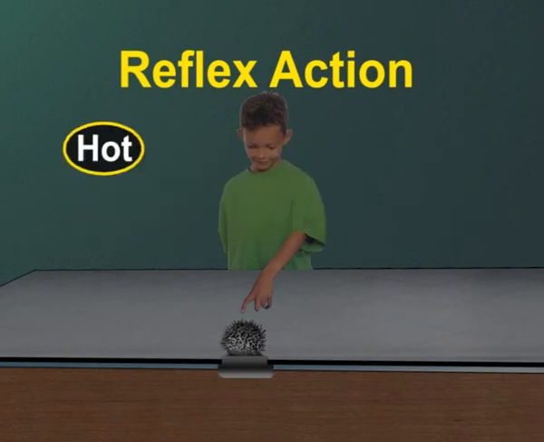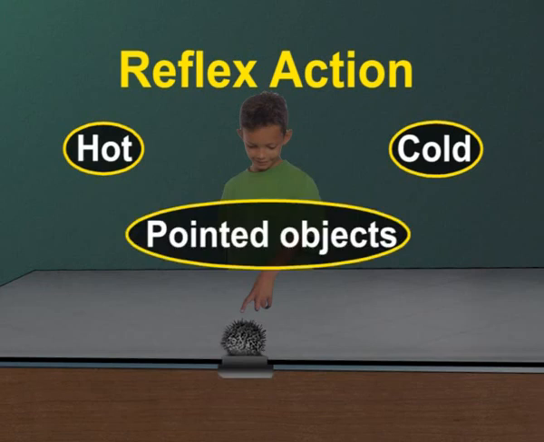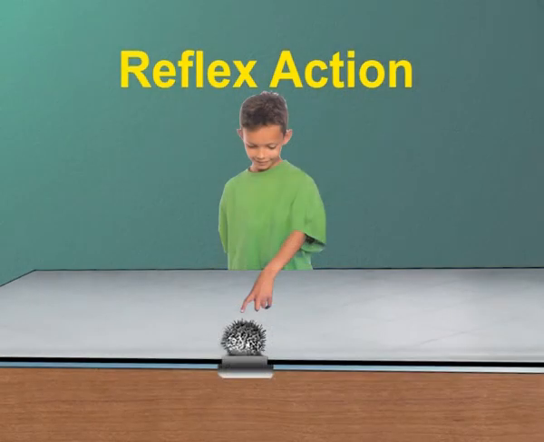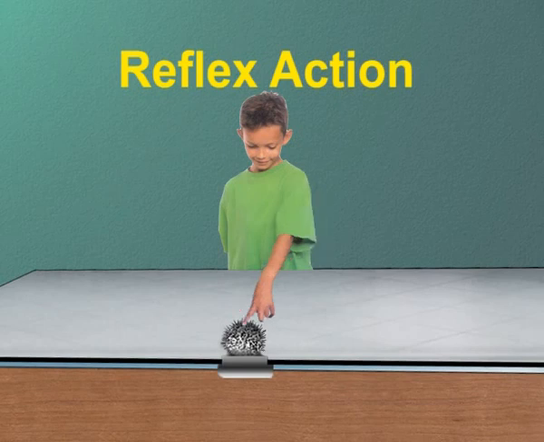Extremely hot, cold, pointed objects, or scary and poisonous animals are such stimuli which may trigger our body for a reflex action. When we touch any pointed object, we immediately move our hand away from it.